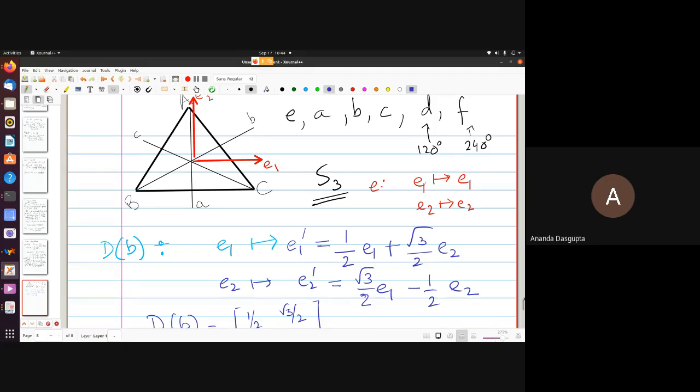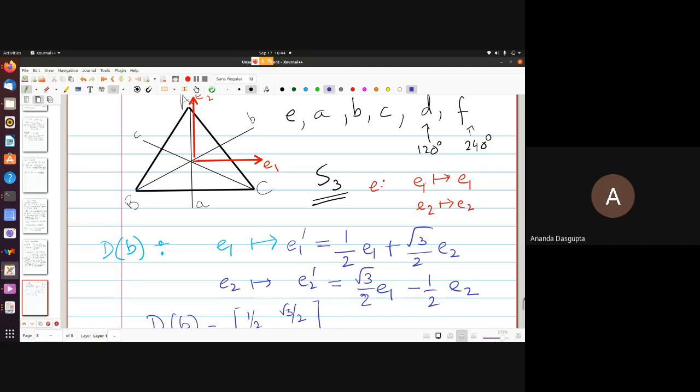So the determinant of the matrix representation also obeys the same kind of multiplication rule. So you get a one-dimensional representation just by numbers, and for that particular representation here, E, A, B, C, D, F will be represented respectively by the numbers +1, -1, -1, -1, +1, +1.